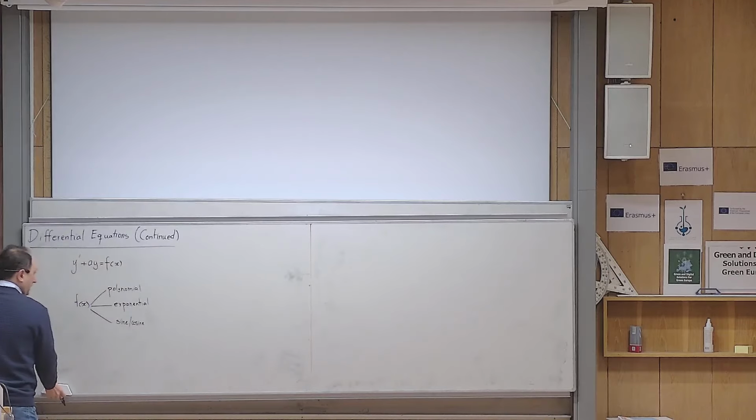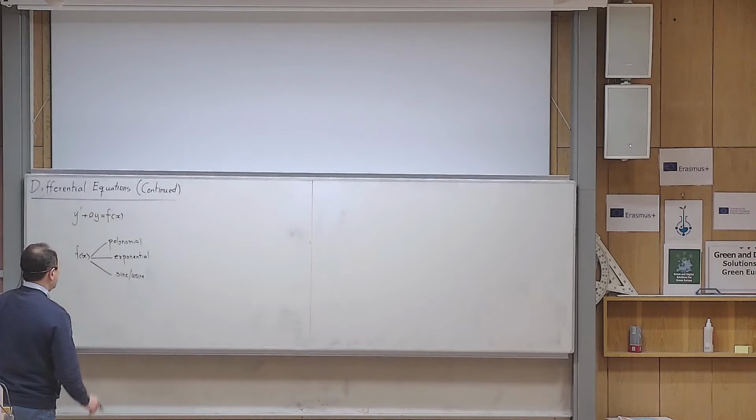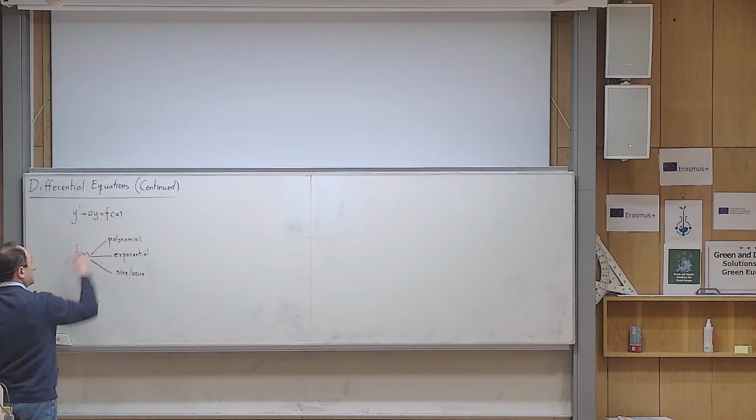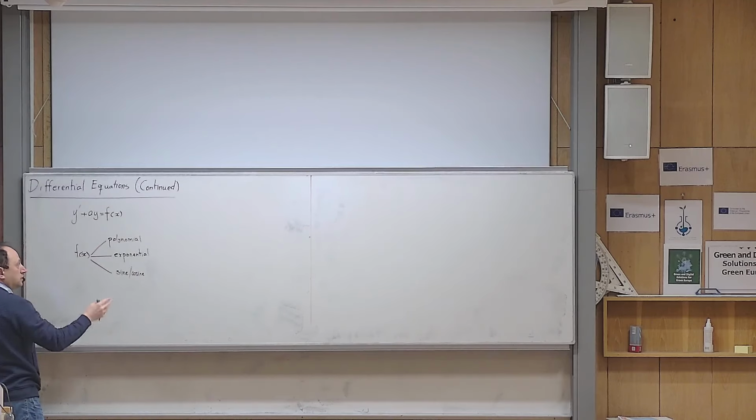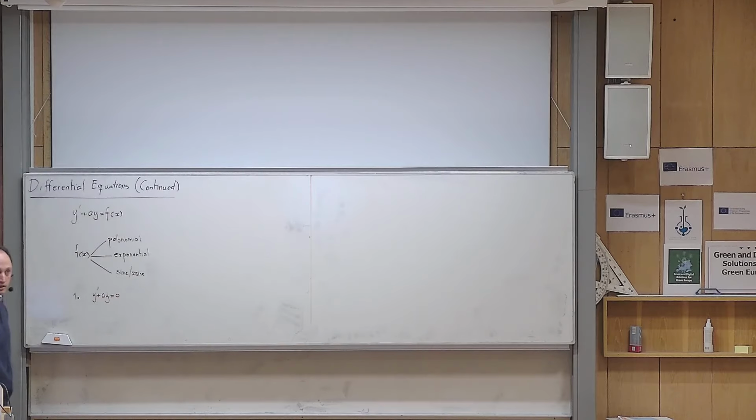Okay, but how? What was the algorithm we were using? So I told you that if you want to solve that using the method of undetermined coefficients, which is suitable only for these cases, number one, you solve the homogeneous one. The homogeneous one is this differential equation in which the right hand side is equal to 0.